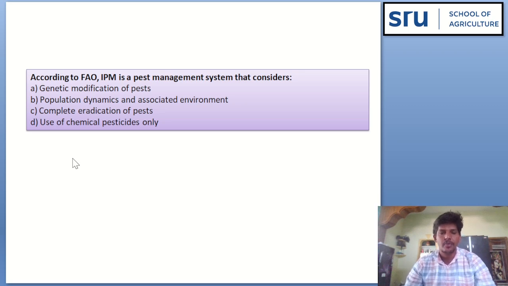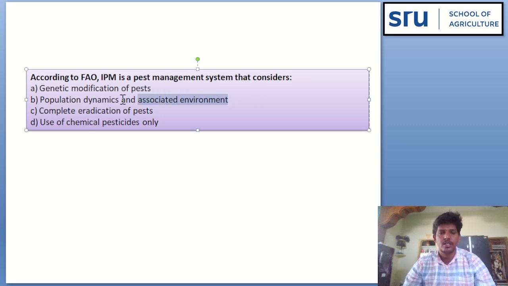According to FAO, IPM is a pest management system that considers genetic modification of the pest, population dynamics and associated environment, complete eradication of the pests, or use of chemical pesticides only.